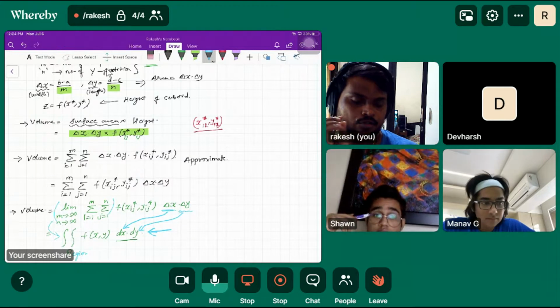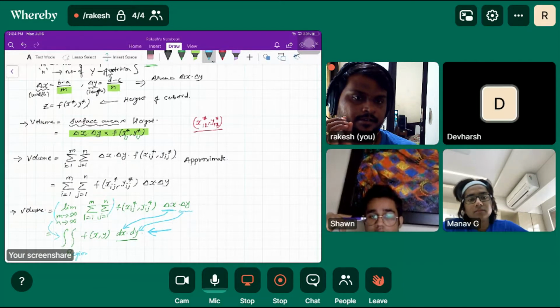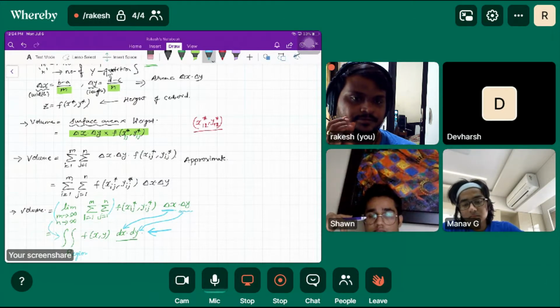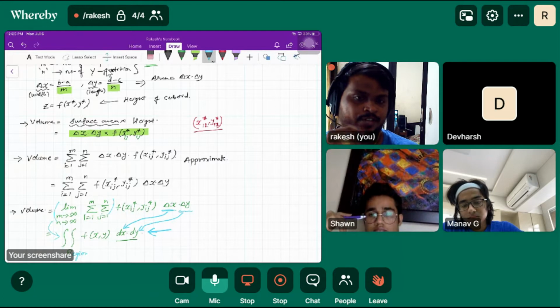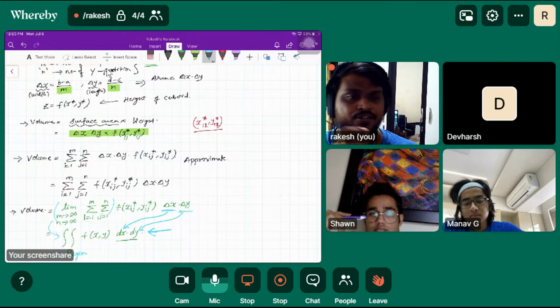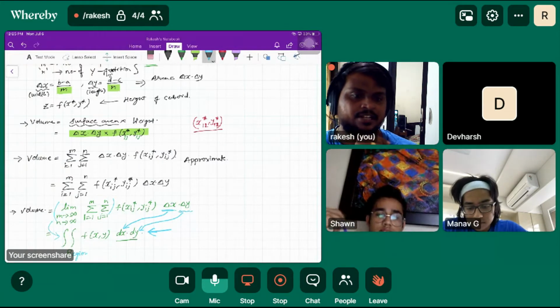Yeah, so I got it. Basically the dx corresponds to the first integral and the dy corresponds to the second, outside integral. Yes, and my question is, can we write that as dy dx instead of dx dy?